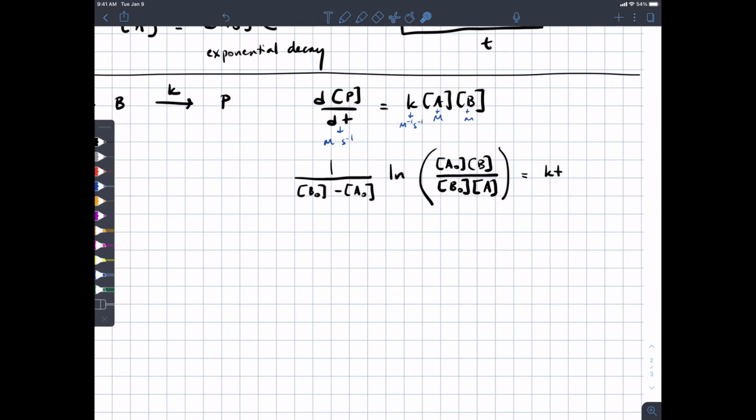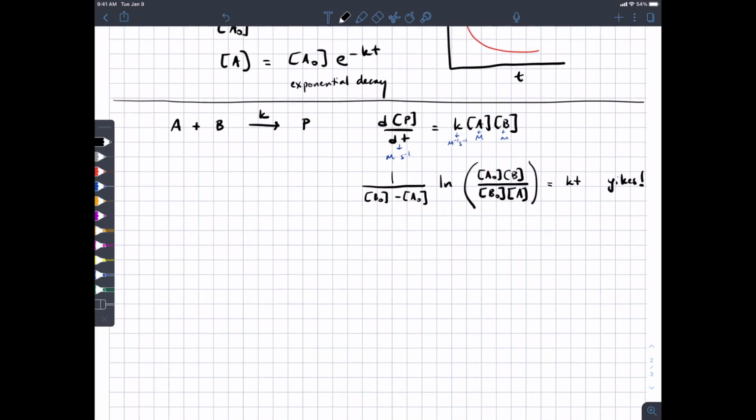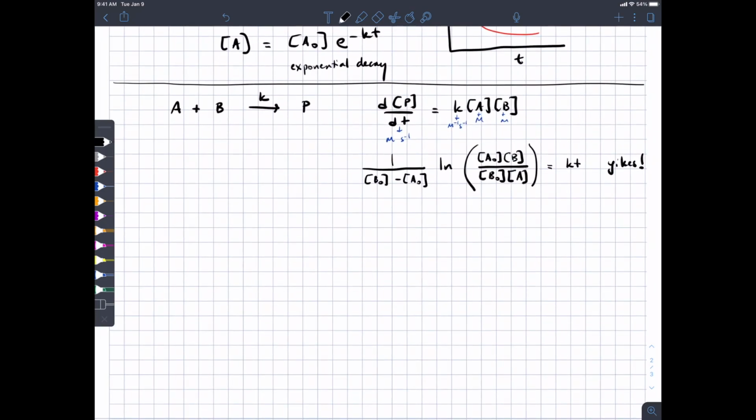Now, for this to be useful, you'd have to have a way to monitor both the concentration of B at time t and the concentration of A at time t during the course of the reaction, and that's probably unrealistic in most cases. So, what do we do when a situation is too complicated? We try to simplify with assumptions.